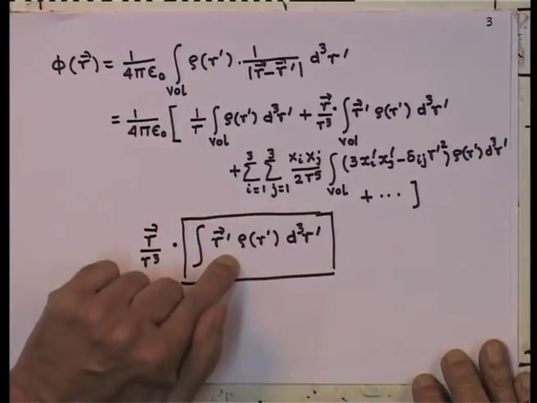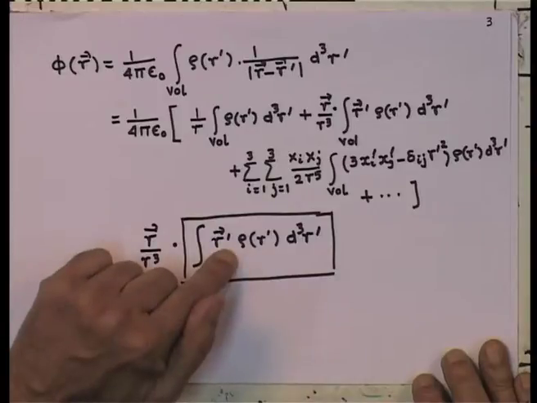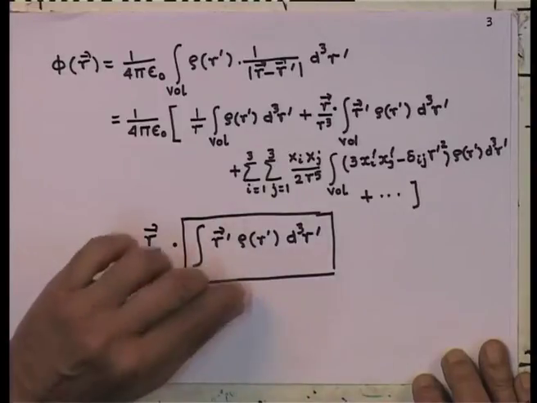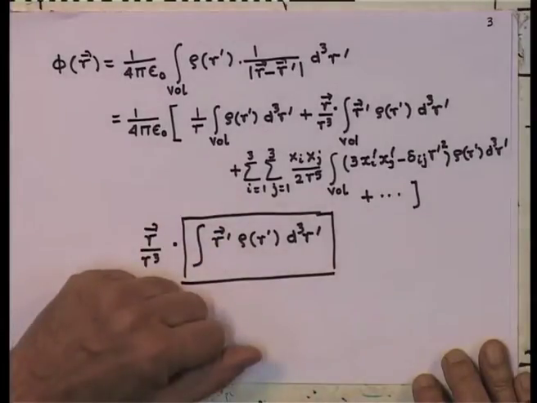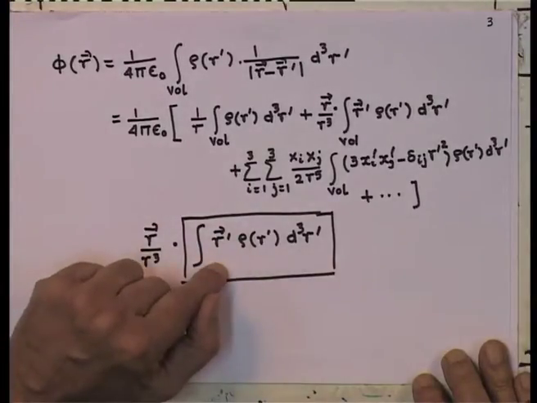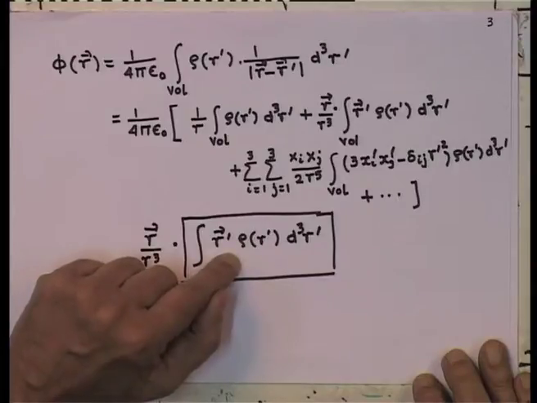Recall that the dipole moment p for a point dipole was given by the distance of separation between the charges, and this quantity we identify as the electric dipole moment corresponding to a continuous charge distribution.